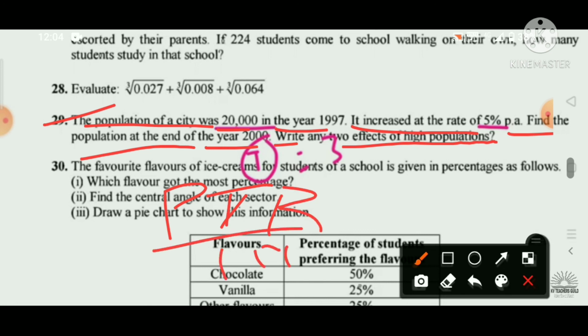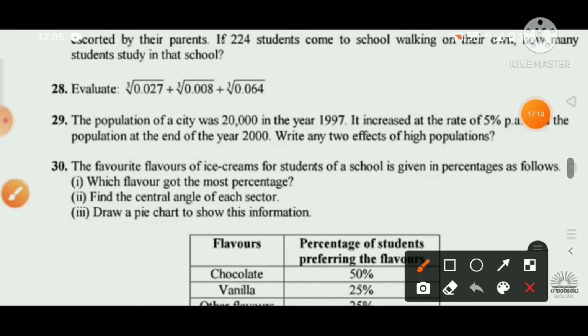P you can take as 20,000 into time. They have asked 1997 to 2000, so time is 3 years. So 3, and you can take rate as 5%. By solving you will get the answer. Let us move to the next question. Sorry, I have forgotten this: write any two effects of high population. You can write any two effects of high population.